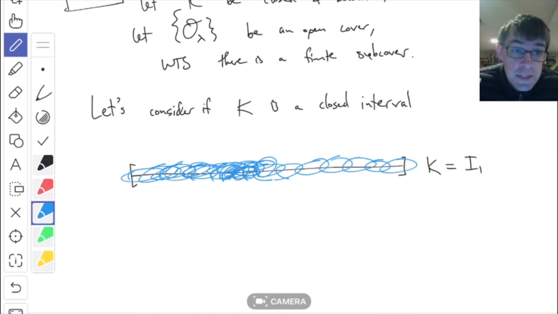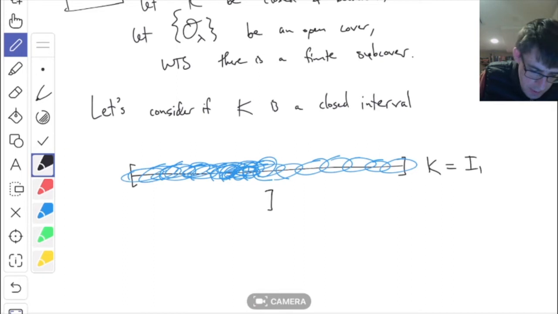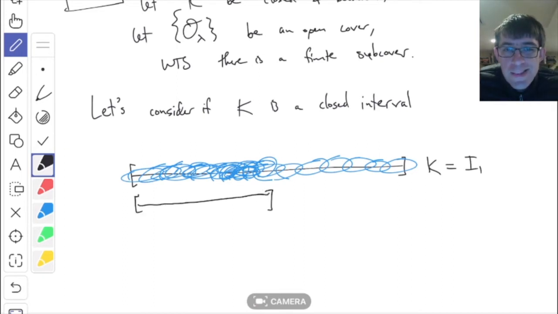All right. Here's how I do the nested intervals. I'm going to repeatedly cut this interval in half. This is like the Bolzano-Weierstrass theorem. We're going to cut the interval in half over and over again, and every time I cut it in half to capture the infinite side. So this is I2.